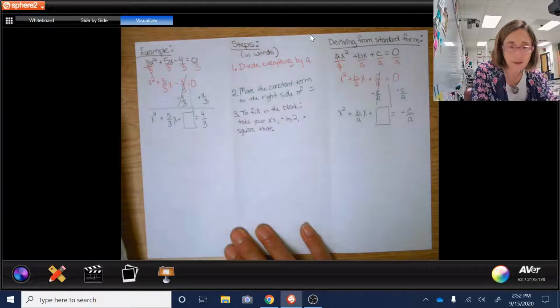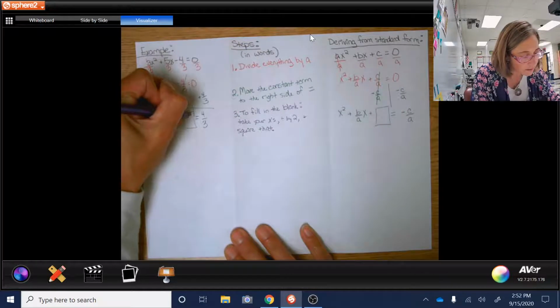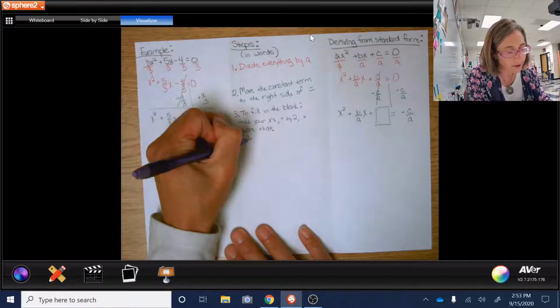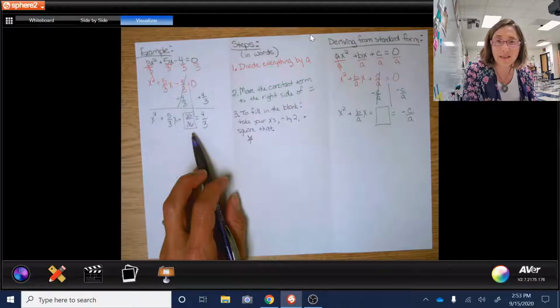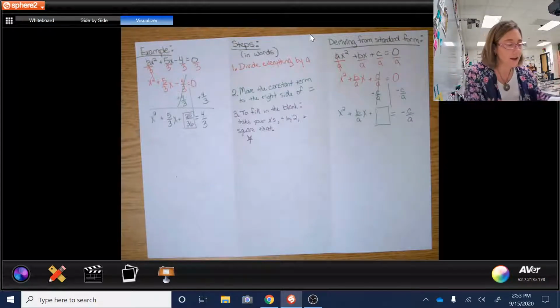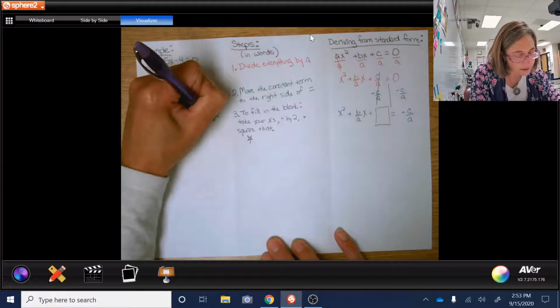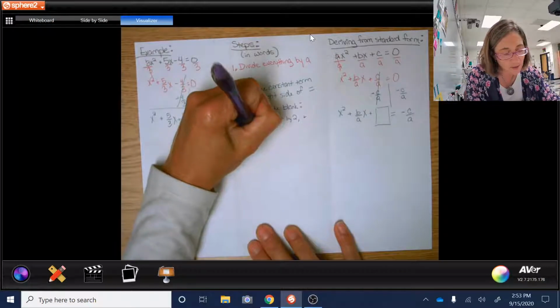That's called completing the square. So I had 25/36. Now, wouldn't that change the equation if I suddenly added 25/36 that were not there before? How do I maintain balance? Well, I got to do that on both sides. So in purple, I'm going to add a 25/36 on both sides of the equation because that keeps things balanced. So I'm going to say add this to both sides.